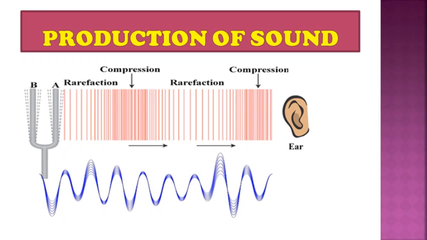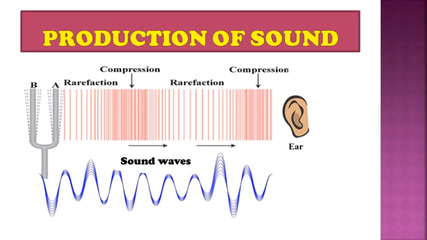So sound travels in wave form, as compression and rarefaction. When these waves reach our ear, the eardrums vibrate, and accordingly specific signals reach the brain, and we get a sense of hearing a sound.